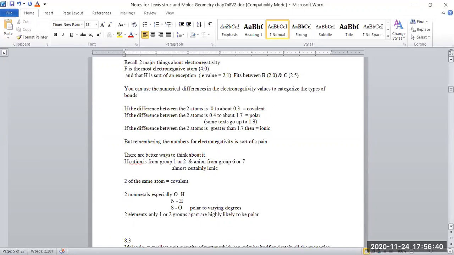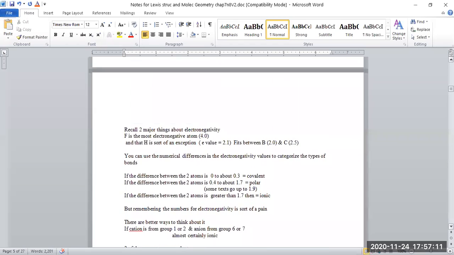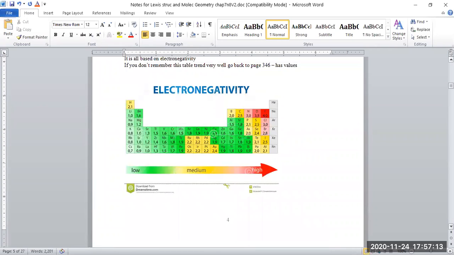If you have one of the atoms, probably going to be the cation, from group 1 or 2, so alkali metal or alkaline earth metal, and the opposite end of your bond, the anion, from group 6 or 7, that actually means you're going to have a fairly big difference between your values. And let me scroll back up here and we can look at my color-coded periodic table.